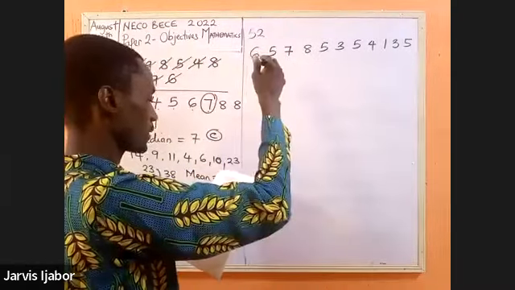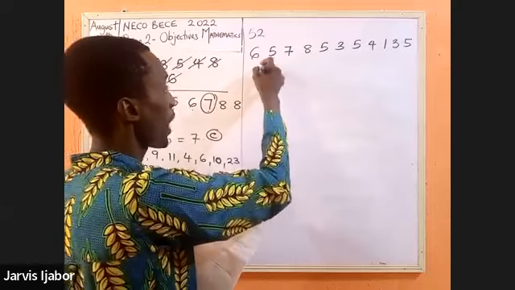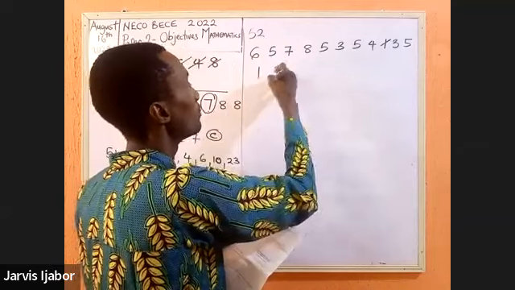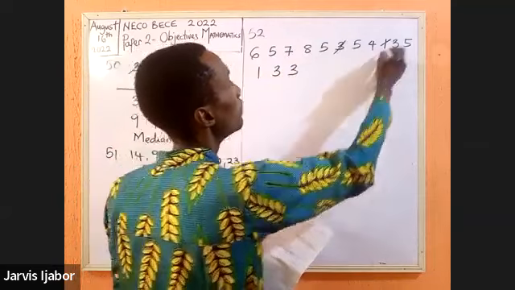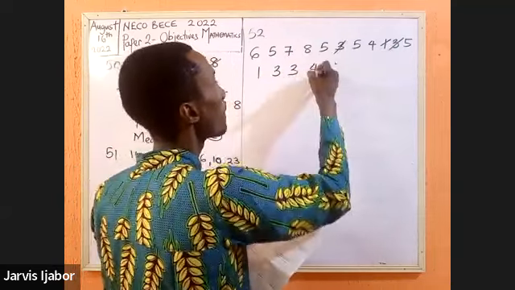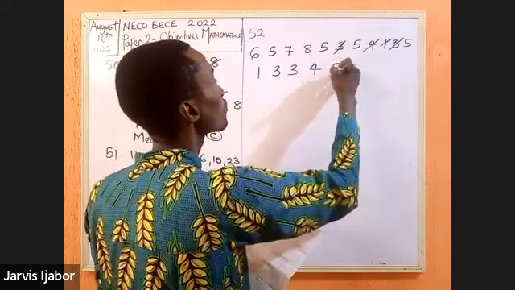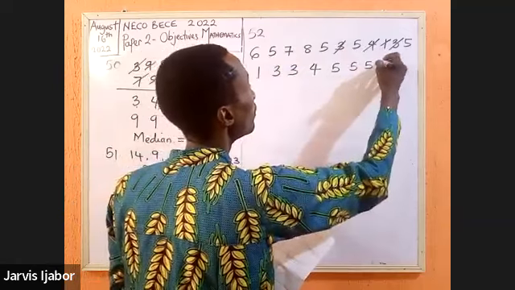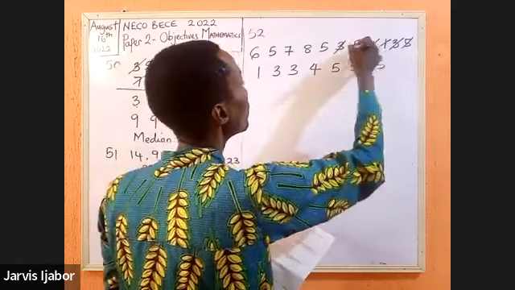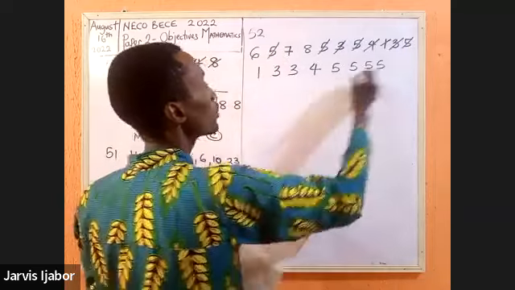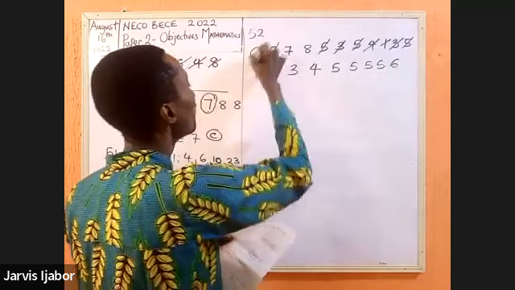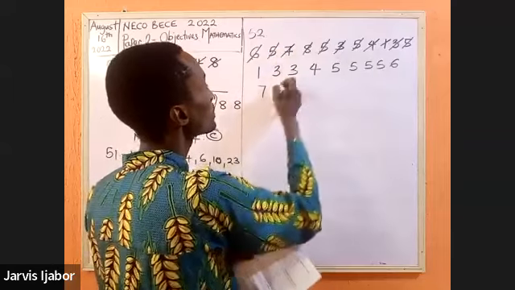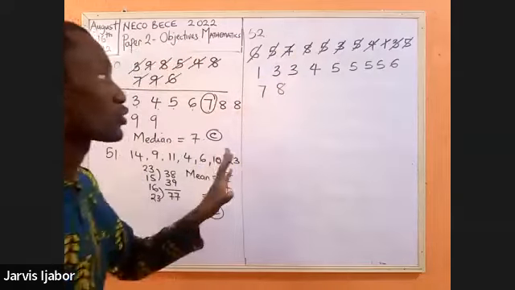This will now give us, we start from 1, then to 3, we go to 4, we go to 5, 1, 2, 3, 4. We go to 6, we go to 7, and we go to 8. The next thing you need to do is to count to be sure.